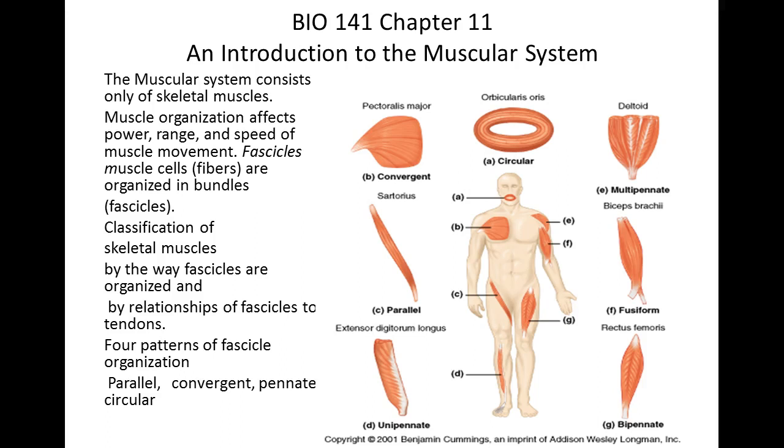Think of convergent, think of the pectoralis major. The pectoralis major basically takes your arm toward the midline, but you can come toward the midline at varying angles. So your convergent manages to do that. And that's what they mean about how the fascicles relate to the tendons.